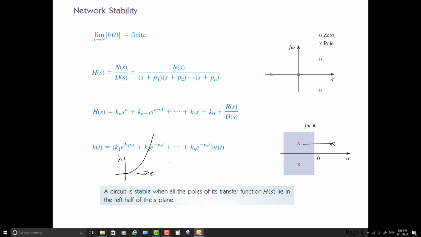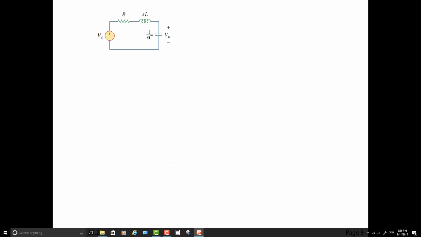Okay? So we can look at a circuit we're well familiar with, the resonance circuit. And if we do our math on it again, and we're taking the voltage across the capacitor, we know, because we've done this several times, the transfer function is, this is a voltage divider.